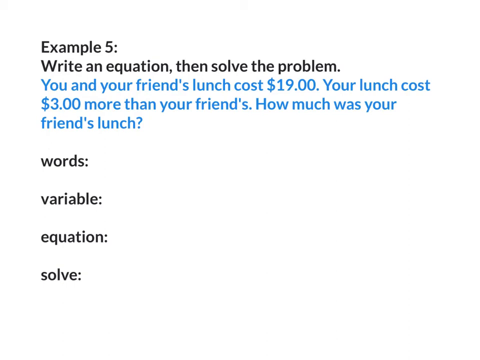Example 5. Write an equation, then solve the problem. You and your friend's lunch cost $19. Your lunch cost $3 more than your friend's. How much was your friend's lunch? So first in words, we paid $19. Mine was $3 more.